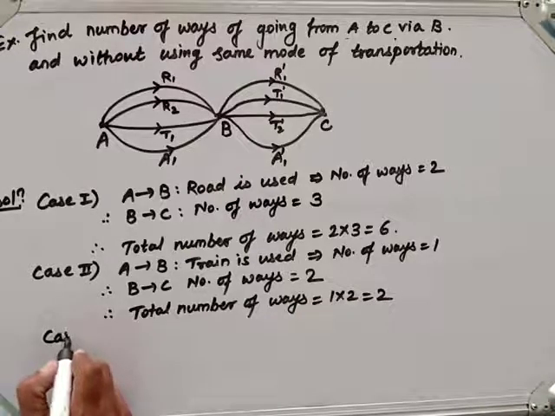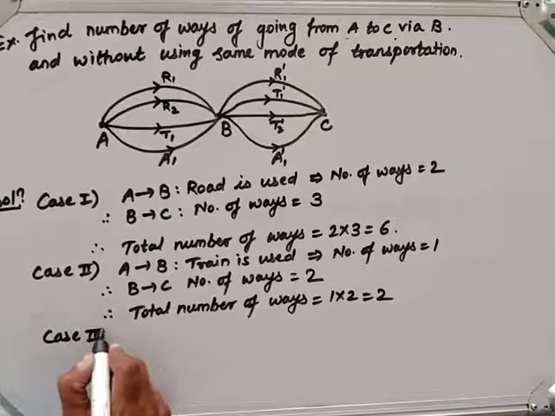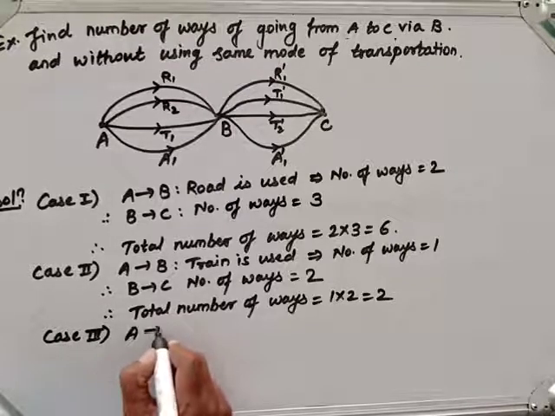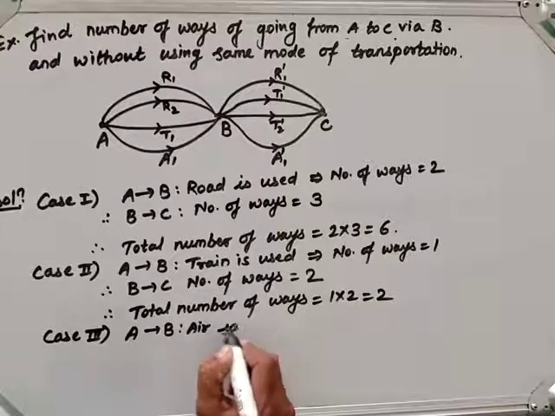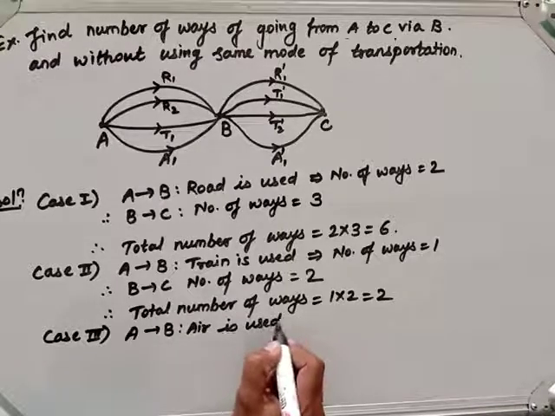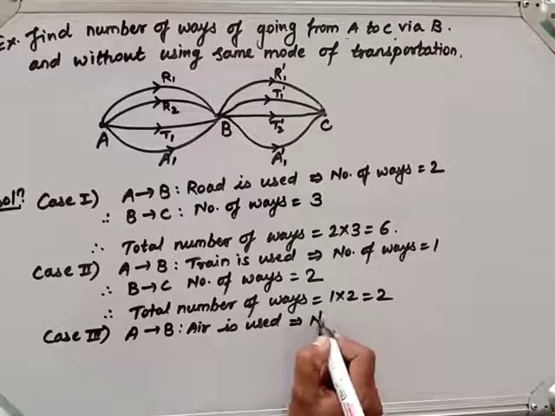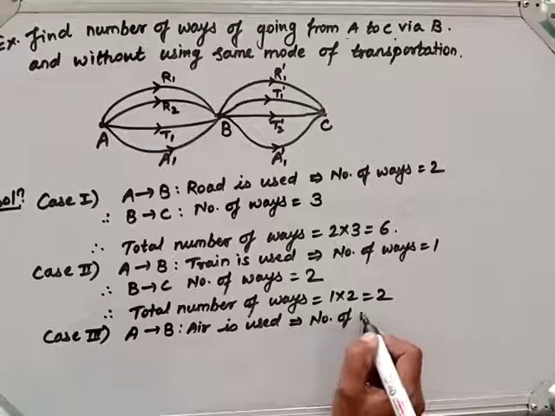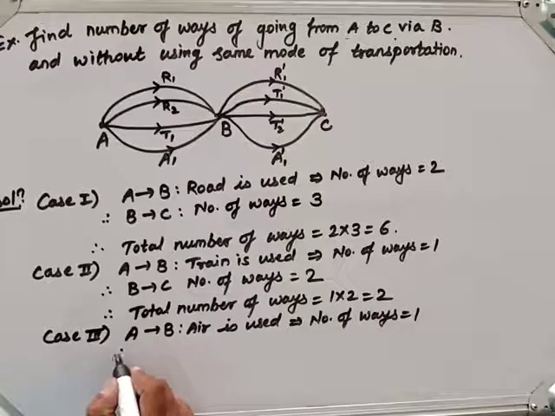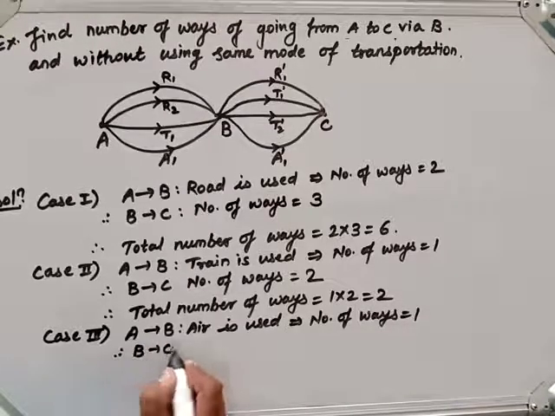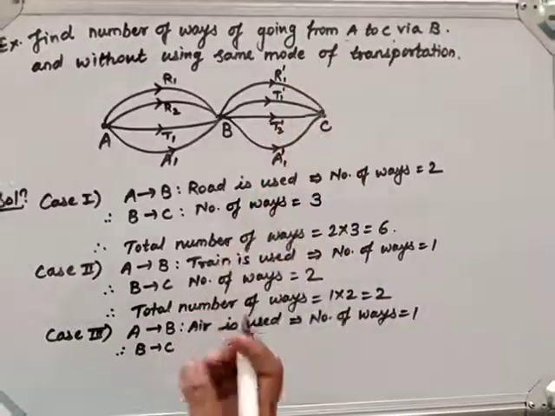Now case 3. Suppose from A to B, air is used, or airway is used. So the number of ways is only 1. Therefore from B to C, how many are left? 3. Either roadway or trainway.